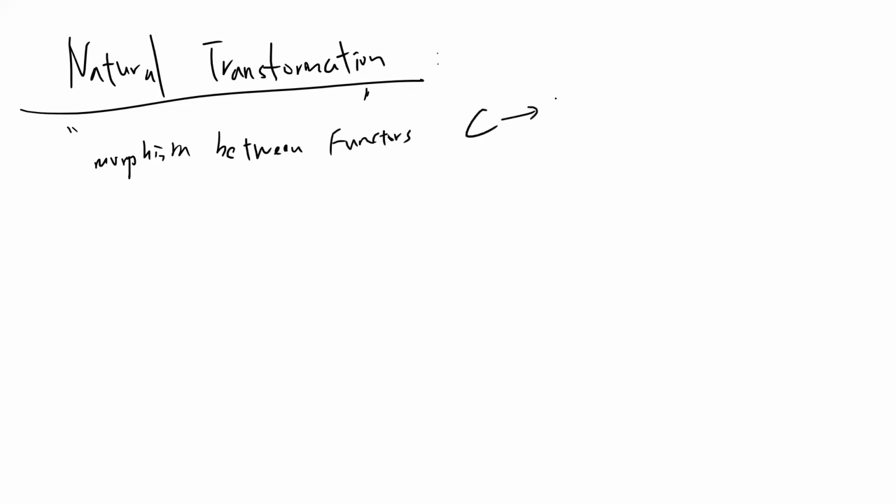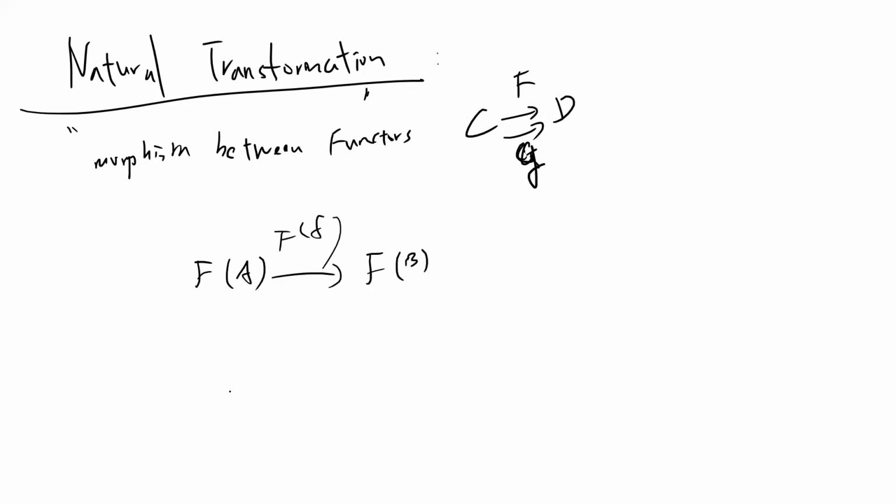So let's say you have two functors from C to D, let's say F and g. That means that if somebody gives you A and B, and a morphism f, then you will have this, and you also have gA and gB. So what is the natural transformation?